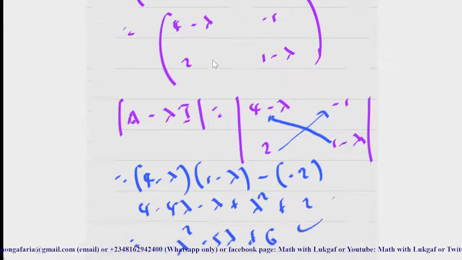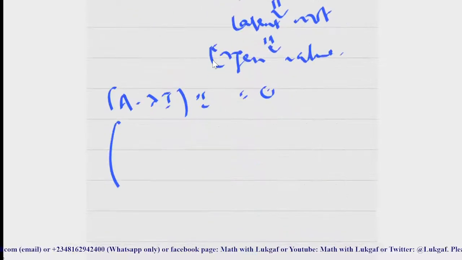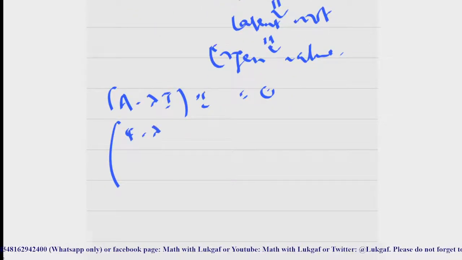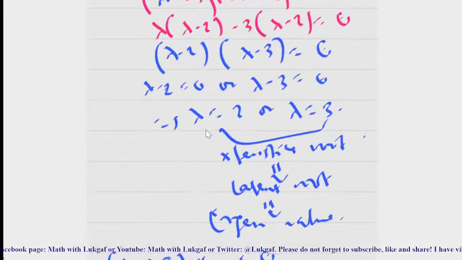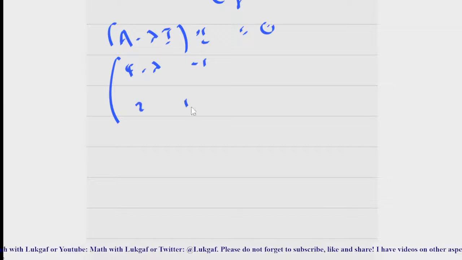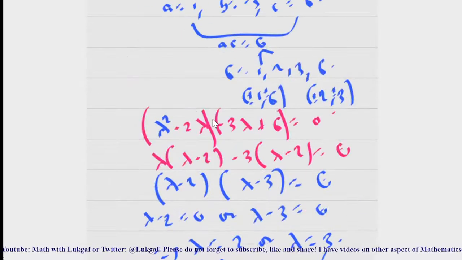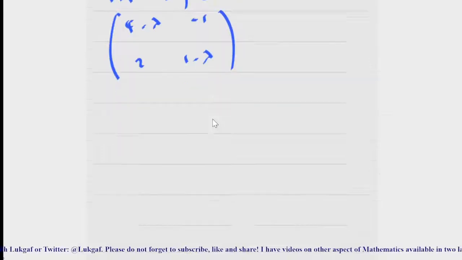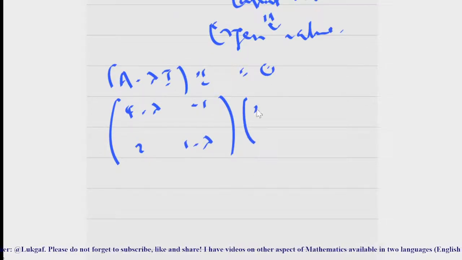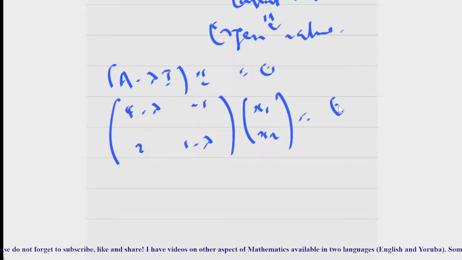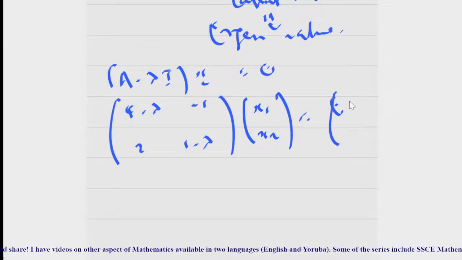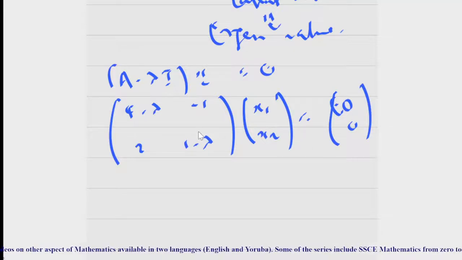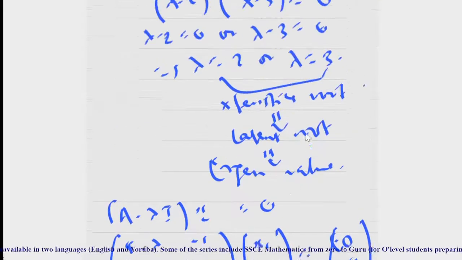From what I obtained here, that's 4 minus lambda, minus 1, 2, 1 minus lambda. So then your x will now be x1, x2 is equal to 0. So then you can have 0 as a column matrix as well, 0, 0.